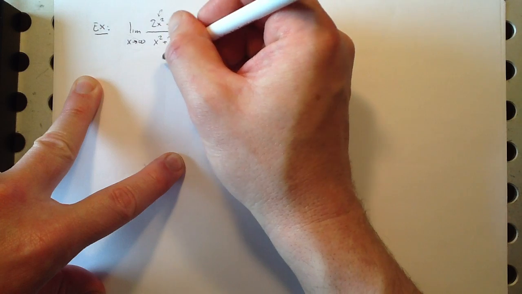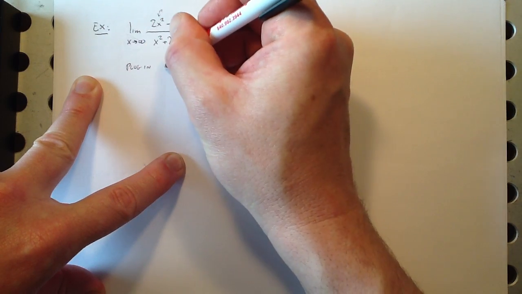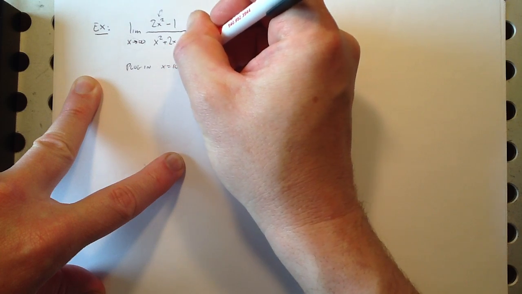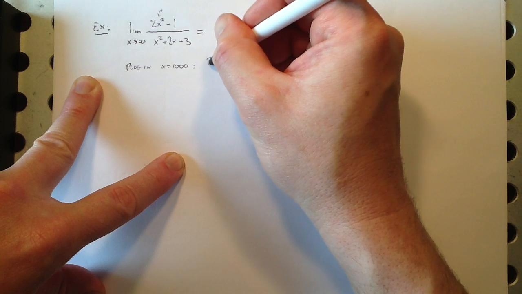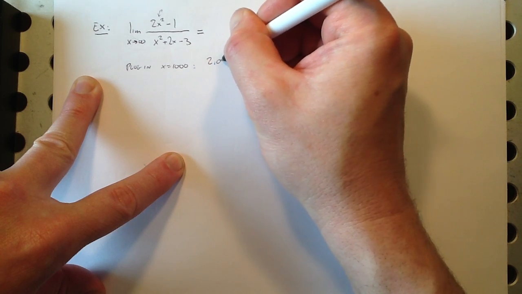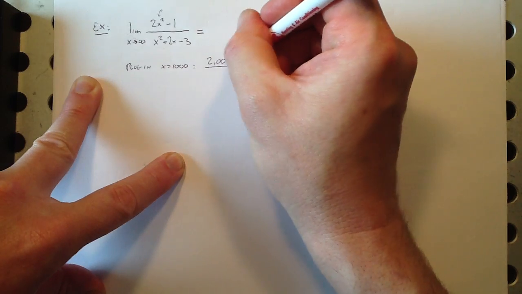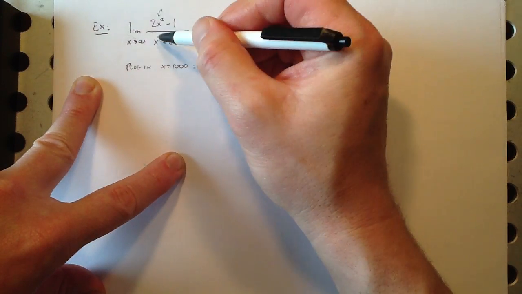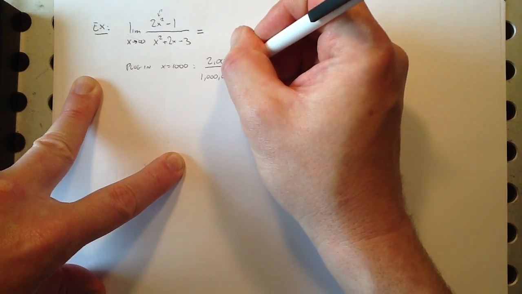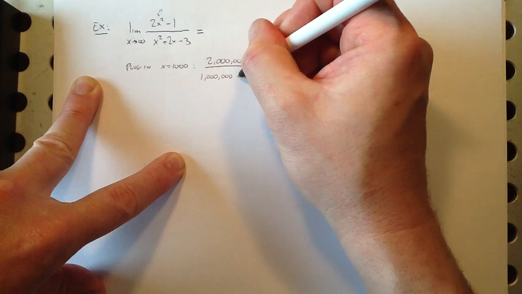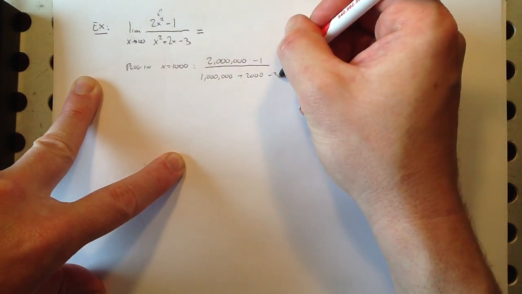So on the top here, if we plug in x equals 1,000, we would get 2,000,000 minus 1, and on the bottom, 1,000 squared, that would be 1,000,000, plus 2,000 minus 3.